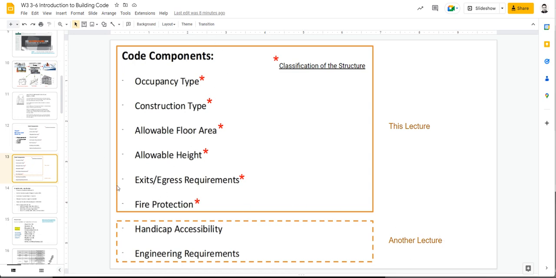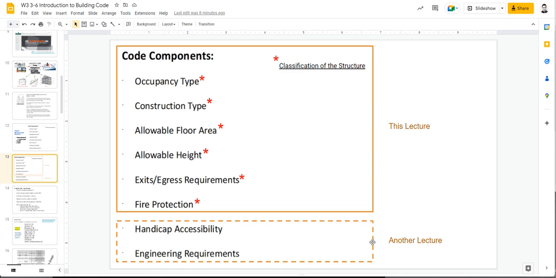We're ending this lecture based on these components because we want to classify the structure first, and then once we know the classification of the structure, we can do our floor plans and the area of the building based on all these six components. Once we have that, we can go into the detail and make sure that we have accessibility provided for the handicapped, and we have met all the engineering requirements.